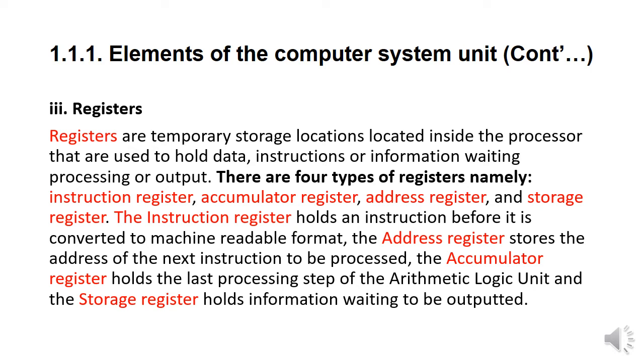We call them temporary storage because they store information for a short time. We have some types of registers like the instruction register, the accumulator register, the address register, and also the storage register.